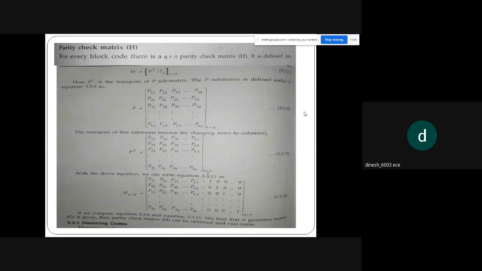So what is this P transpose? How do we obtain it? We have a P submatrix, from the given question or from the obtained generator matrix. Write that P submatrix. For example, it is k cross q.